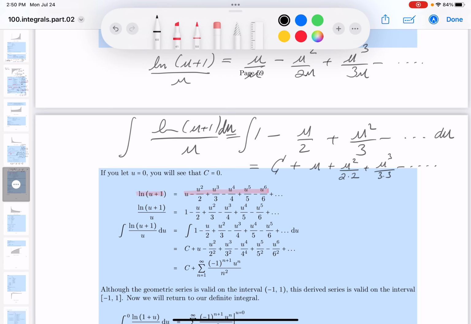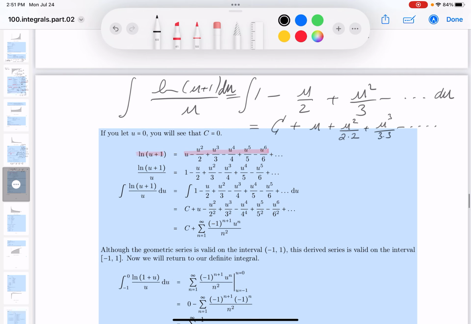And I know this integration works for certain values of u. We talked about the convergence for the original geometric series between plus or minus 1. And I'm going to say it's a valid interval. Now, certainly, when I'm doing this over here, I'm really not interested in the indefinite integral. I'm not worried about what the c is at this point. What I'm worried about is how to do that integration problem.